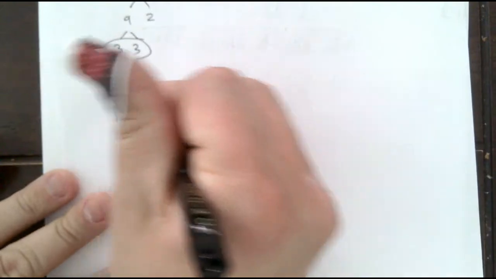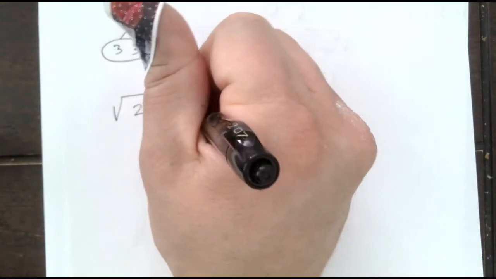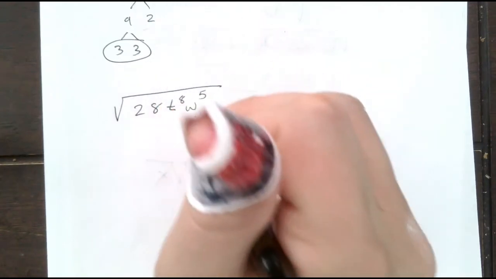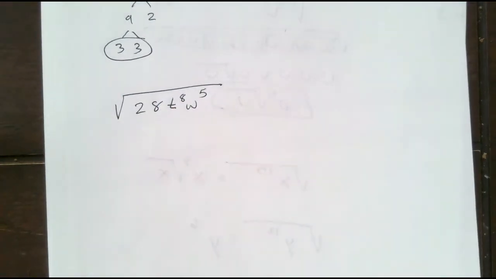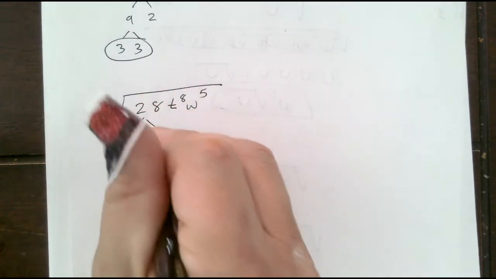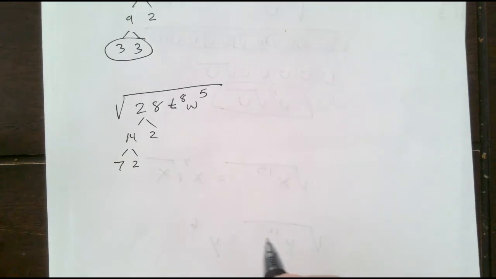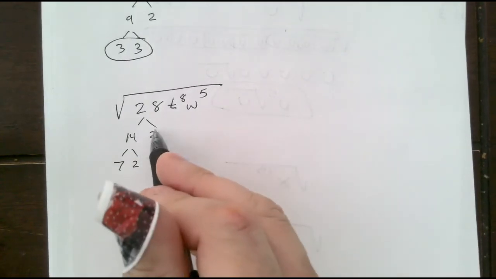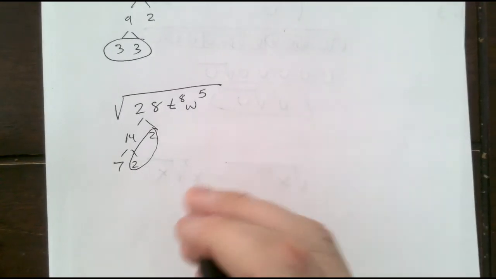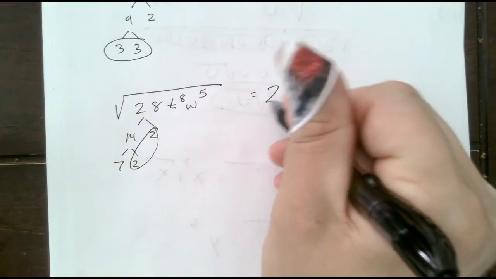Alright, so if we have the square root of 28 t to the 8th, w to the 5th. Okay, we're going to treat everything separate. So we're going to first factor the 28. 14 and 2, 7 and 2. Do we have a pair? Yeah, we do. A pair of 2's. So on the outside, we're going to have a 2.